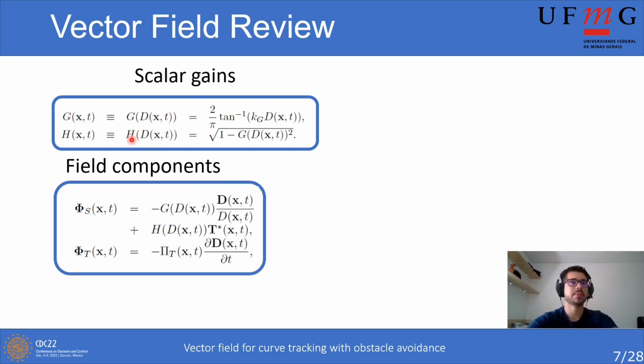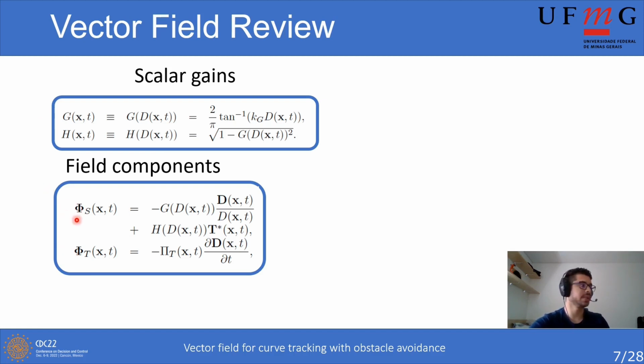Next, we multiply the convergent and the circulatory components by weights, following the idea of prioritizing convergence over circulation if we are far away from the curve, and the opposite if we are close to the curve. So with that, we can compute two components of the curve field.